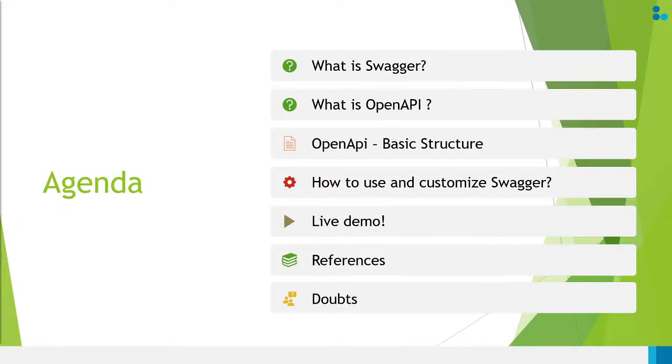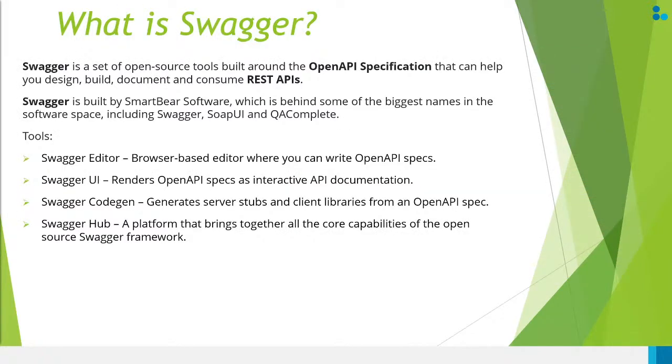Okay. So, first of all, what is Swagger? By the site definition, Swagger is a set of open source tools built around the OpenAPI specification that can help us to design, build, document, and consume REST APIs.